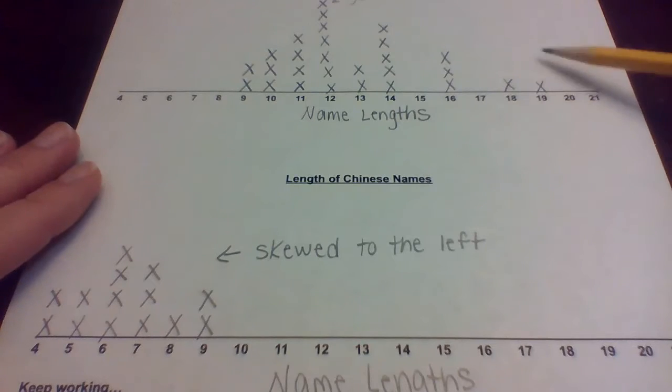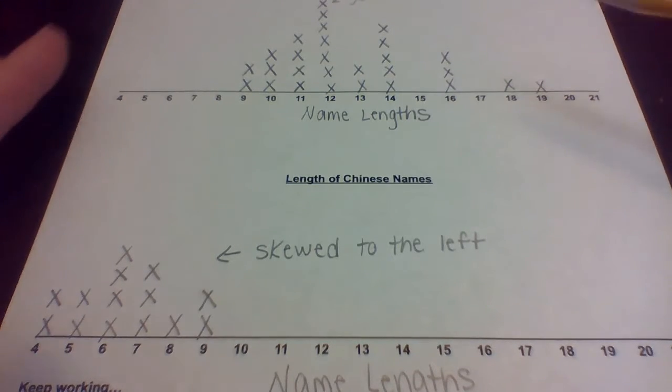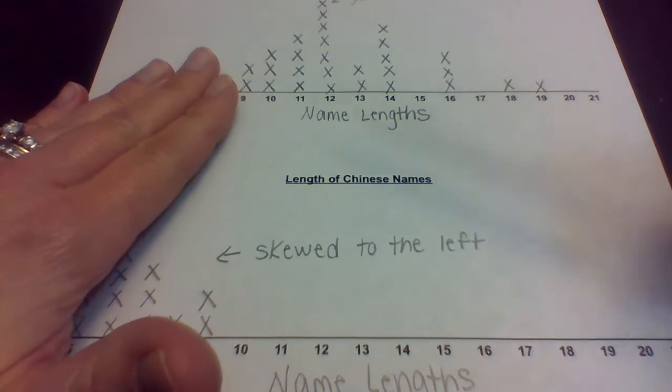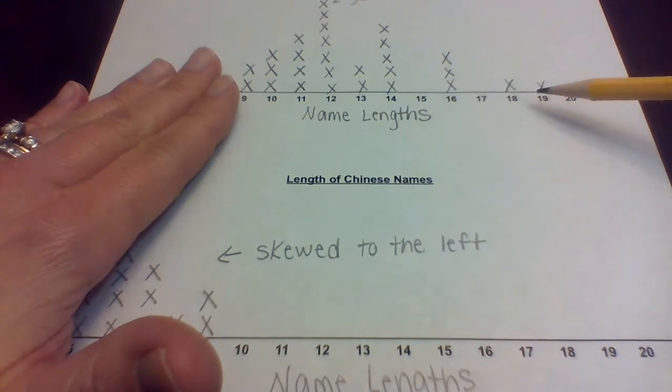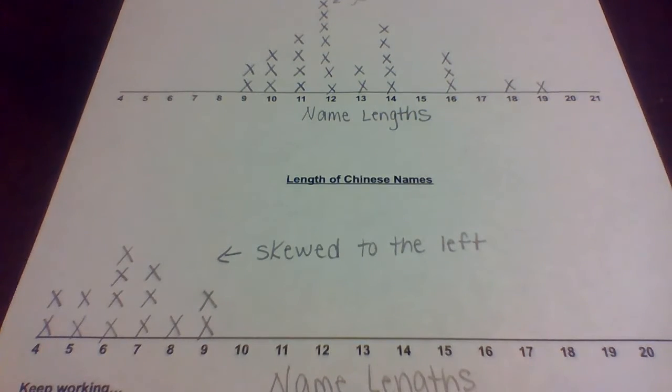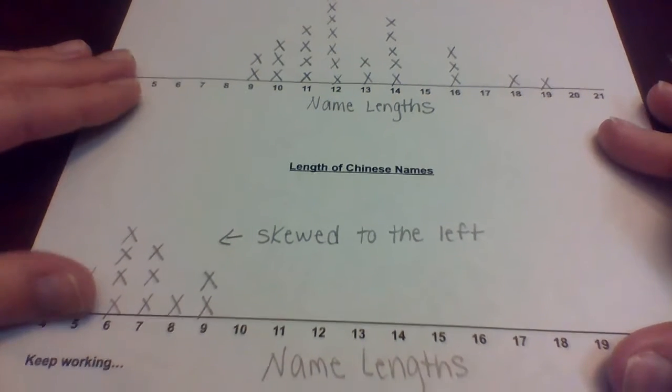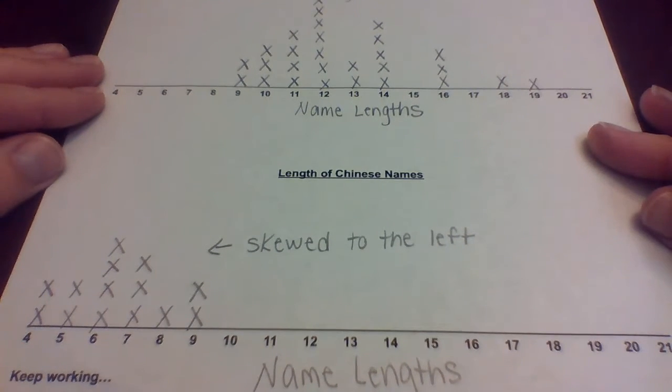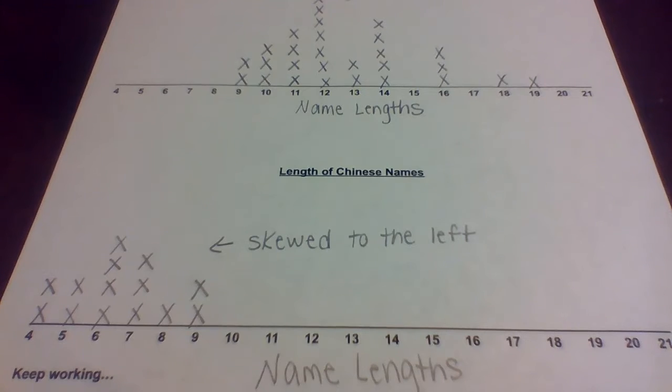So if we numbered this and it started here, we could say, depending on how it's numbered, maybe it could be skewed to the right. And we're going to talk about that in some of our later investigations.